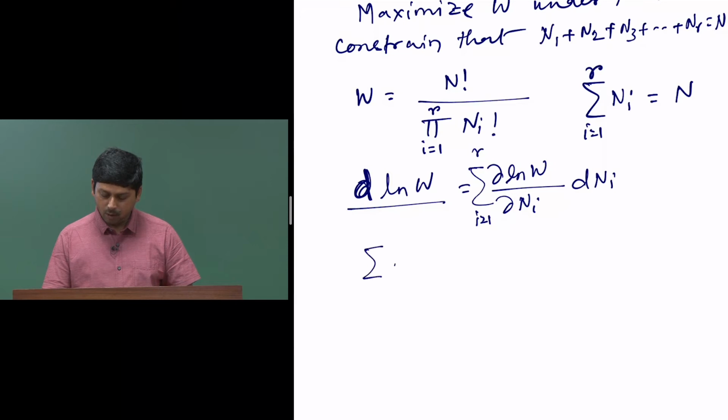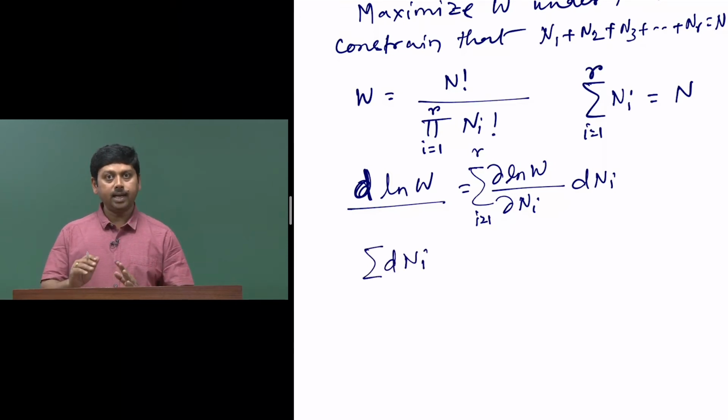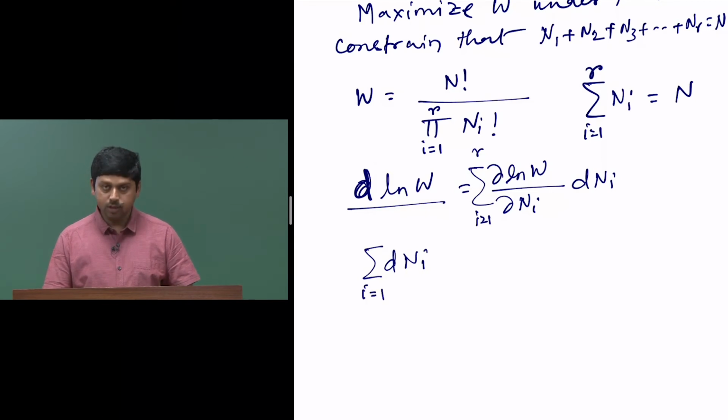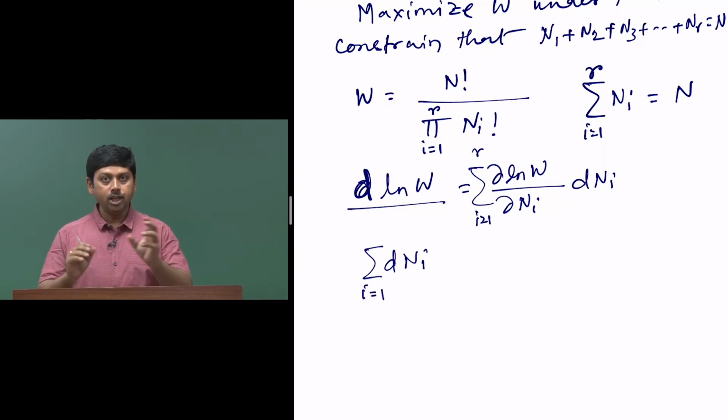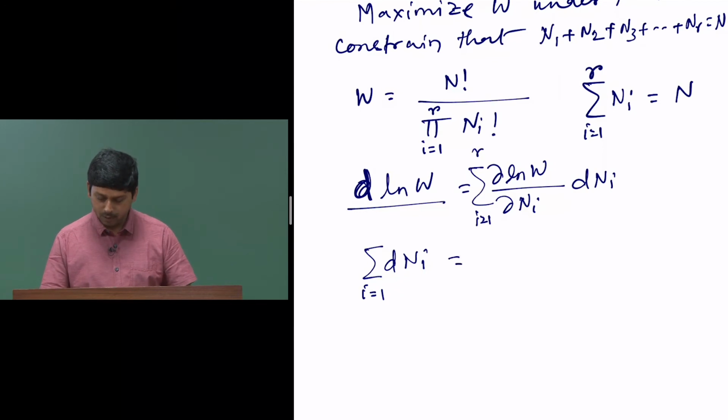Similarly, we can also vary the n i's. Remember, n i is nothing but n 1, n 2, n 3 and so on. So, you can vary n 1 or vary n 2 or vary n 3, whatever you might vary, the sum of each of the variations together is going to be 0.